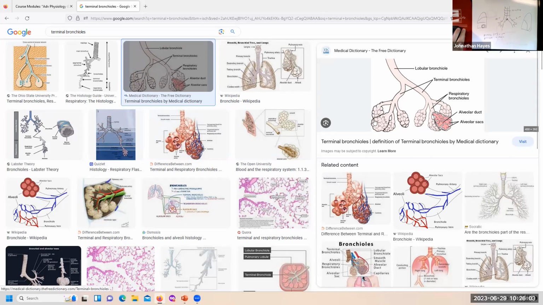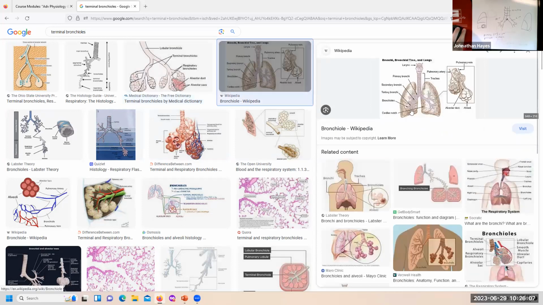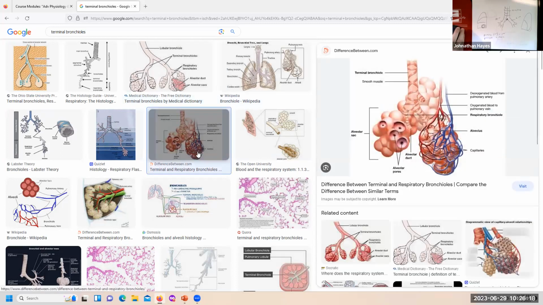So again, we've gotten really small by the time we've gotten down here, and it's branched so much to get to that point that we have a really large amount of surface area. So usually they'll equate the surface area of the inside of the lungs to about half a tennis court. So if you were to spread it all out, it would be about the size of half a tennis court.